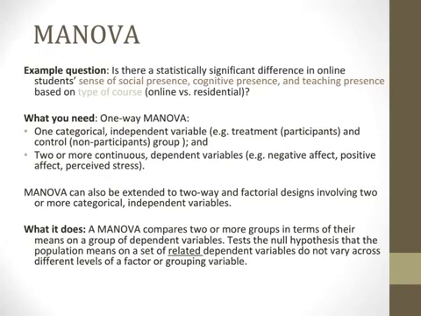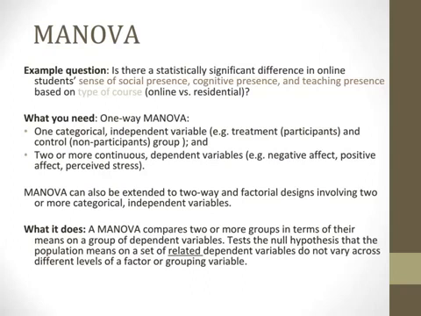Now, you may be asking, well, if you have three dependent variables, why not just do multiple one-way ANOVAs? Well, if you do multiple one-way ANOVAs with dependent variables that are correlated or related, you run the risk of increasing type 1 error. So another analysis called a MANOVA is often used.